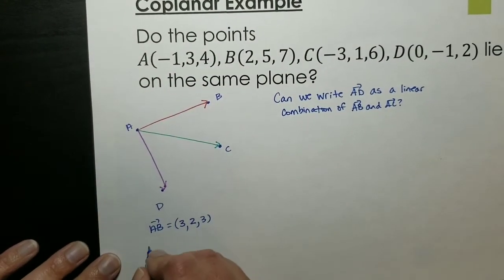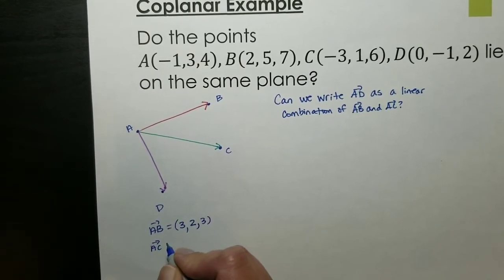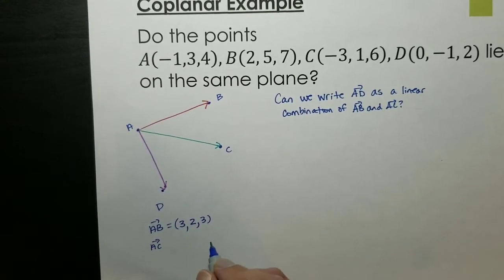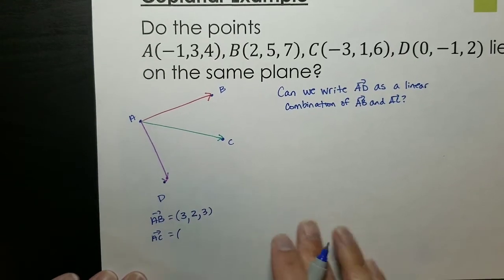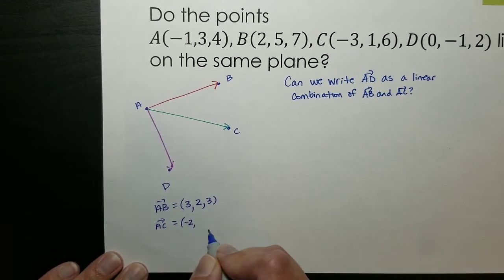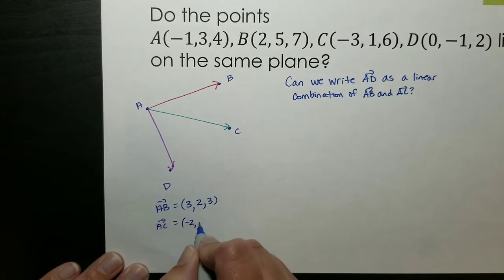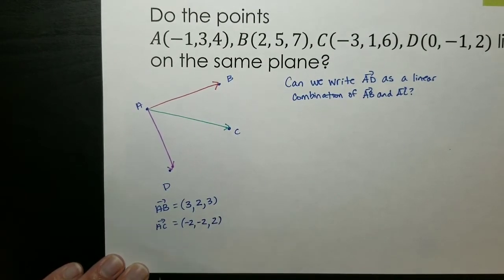And AC is -3 minus -1. So -3 plus 1 is -2, 1 minus 3 is -2, and 6 minus 4 is +2.